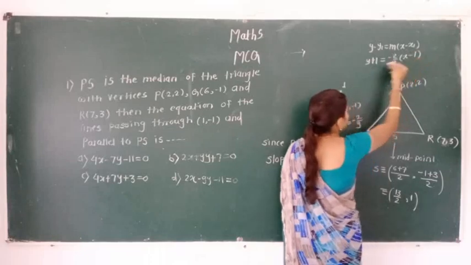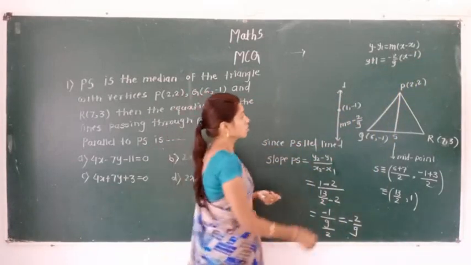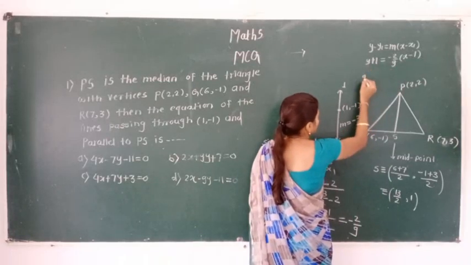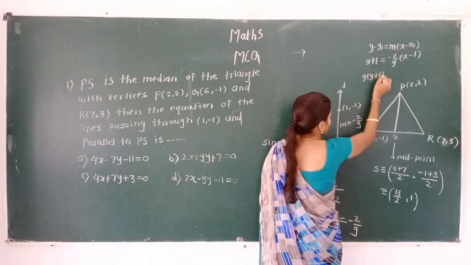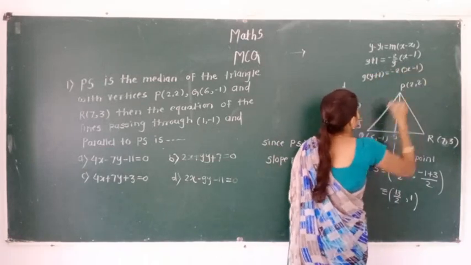Now simplify this equation, we get the equation of the required line. Okay. Now transferring 9 to this side, 9 times (y plus 1) is equal to minus 2 times (x minus 1).